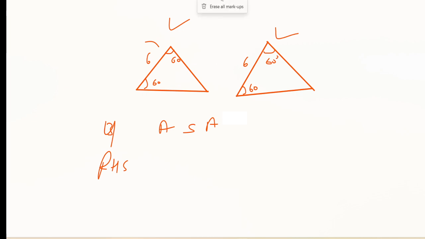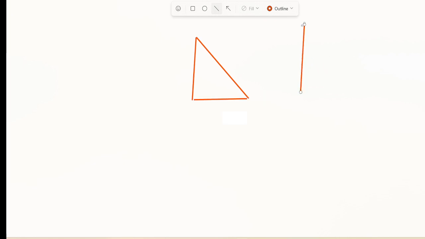Then the fourth rule is RHS, right angle hypotenuse. This is only for right angle triangles. If I take two right angle triangles, these two are right angle triangles. So this is a right angle, this is a right angle. Okay, so right angle hypotenuse, RHS, this is the hypotenuse, this is the hypotenuse, and any one side.